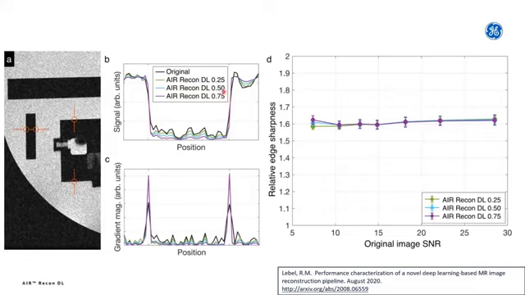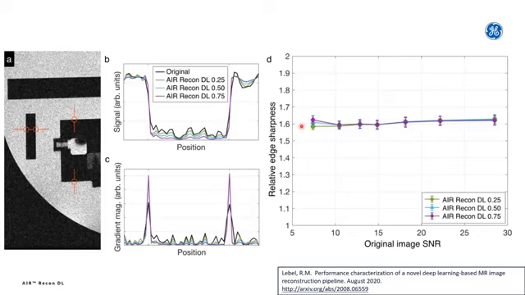So whether we use a low, medium, or high setting with AIR Recon DL, you get the same edge sharpening improvement. With this type of experiment looking at the edges of the phantom, we came up with a factor of about 1.6.